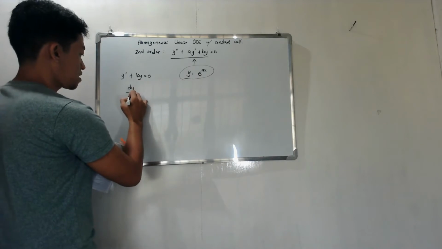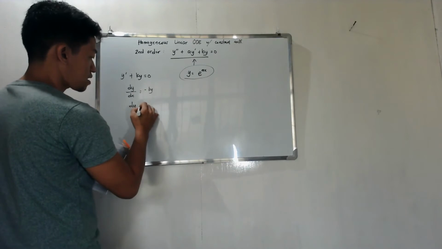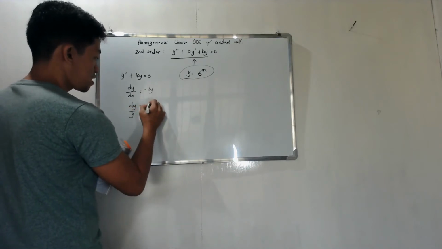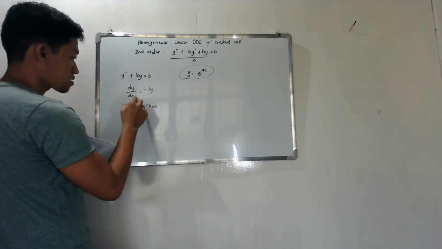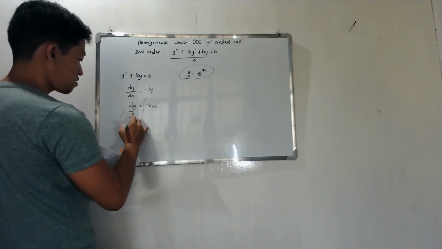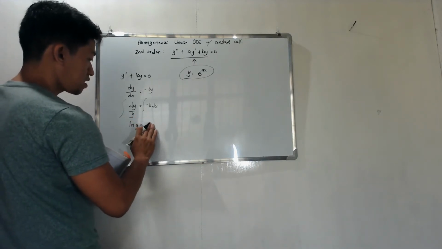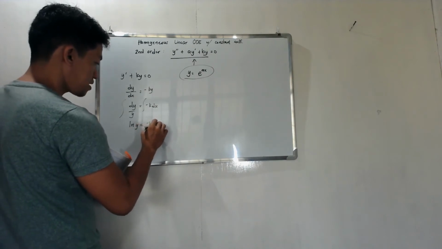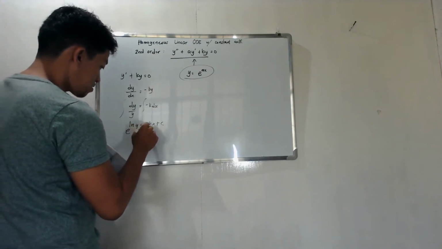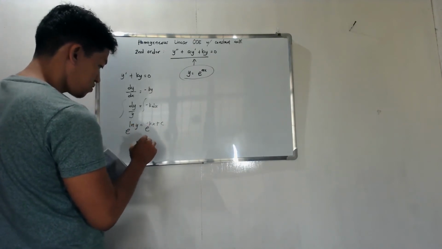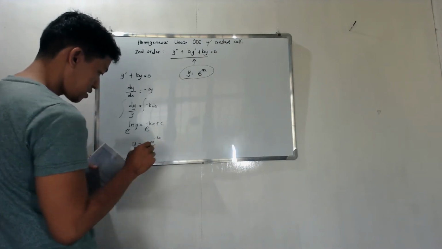You get it by separating the variables. So you have ln of y equals negative kx plus c. You raise this to e, and you will get y is equal to c e to the negative kx.